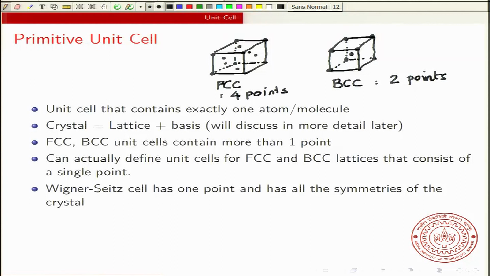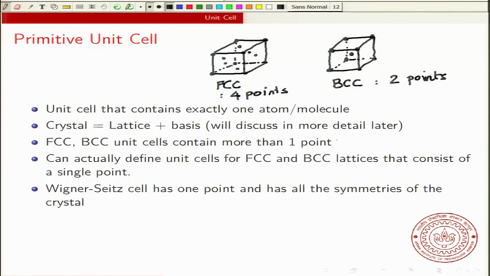Now, let us step back and say again that if you take this unit cell of FCC and translate it in all directions, you will get the entire crystal and you will not have any voids. Similarly, if you take this BCC unit cell and translate it in all directions, you will get a crystal without any voids. However, both these unit cells have more than 1 point. FCC has 4 points, BCC has 2 points. So, these are not primitive cells.